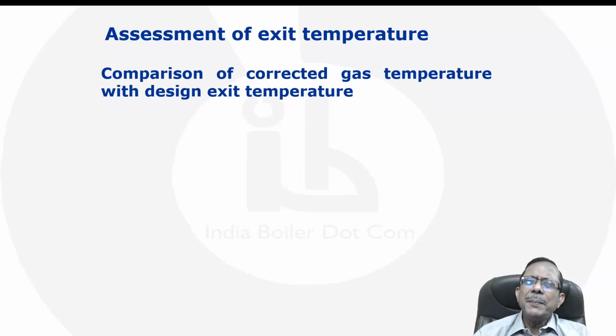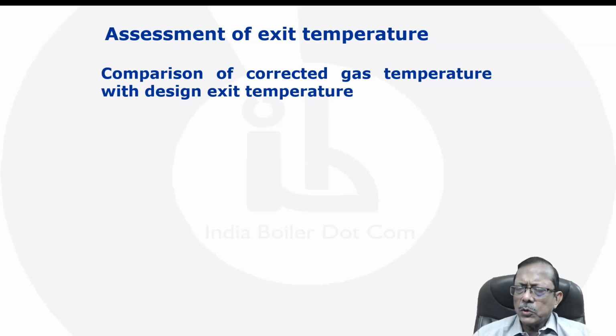But I believe the better one to compare is the parameter recorded at the time of the PG test, right? So the PG test parameter should always be the comparison parameter to understand whether our boiler exit temperature is going on the upper side or not.